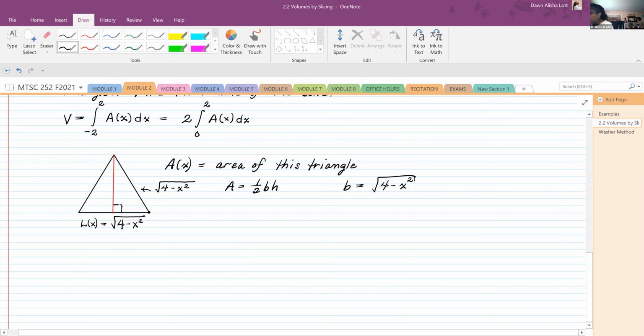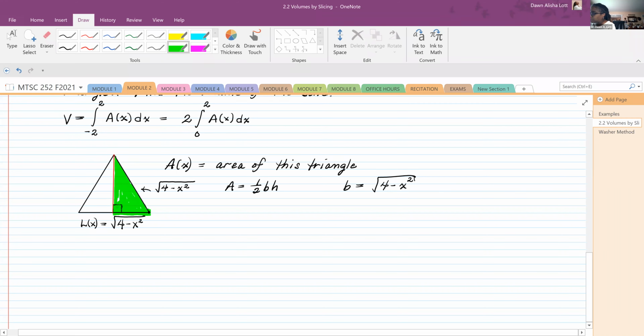But I also know that just this little piece right here is 1/2 of the base. So now I'm only going to work with this triangle, and after I figure out its area, I'll multiply it by 2 to get the area of the whole triangle.